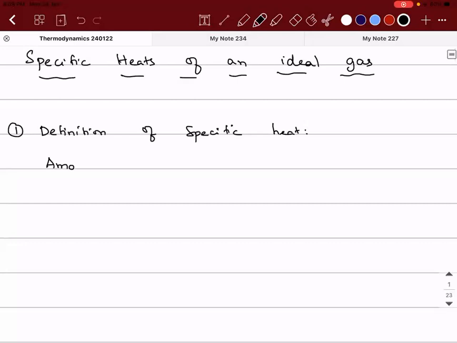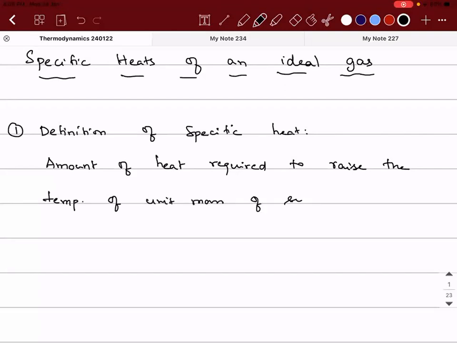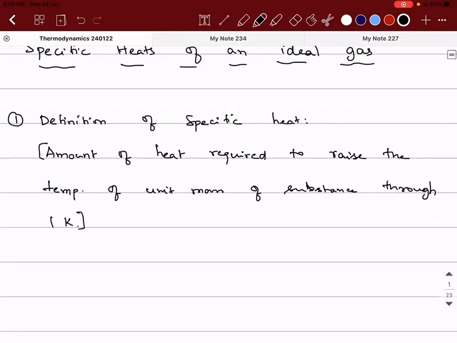It is the amount of heat required to raise the temperature of unit mass of substance through 1 Kelvin, right? So this is the basic definition of specific heat.